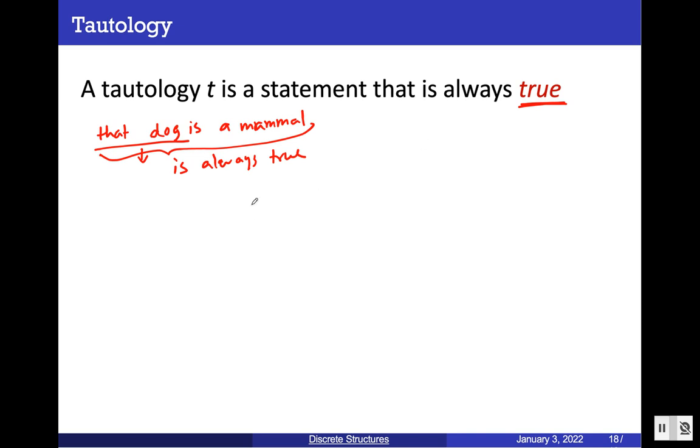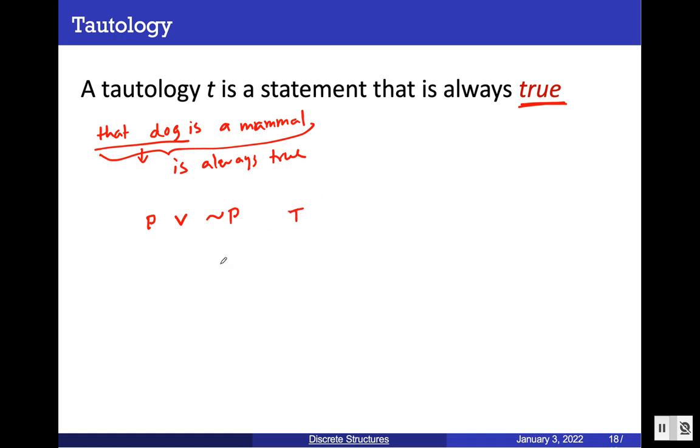All right, now think about p or not p. We know that this statement will be always true.